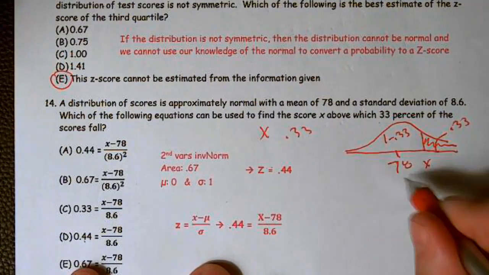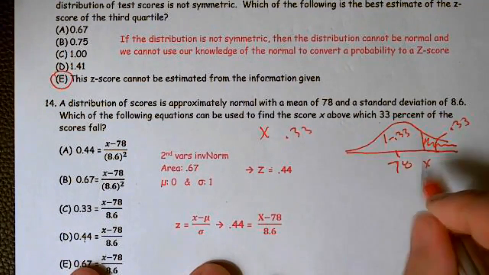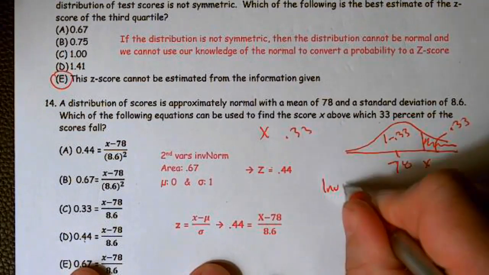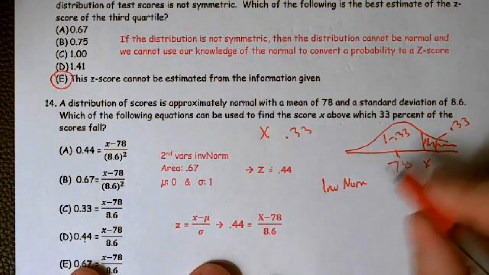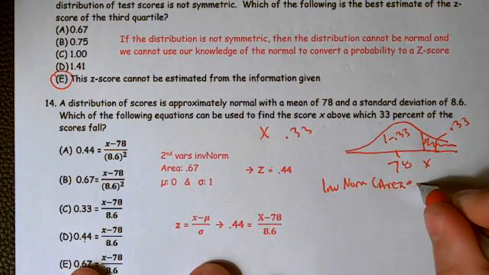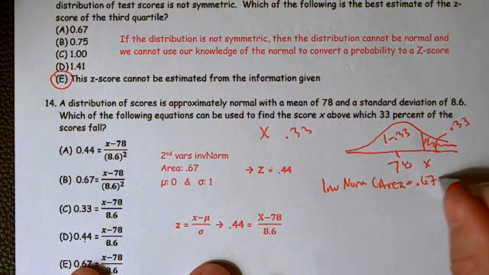All right. Well, I need to do second vars, inverse norm, area equals 0.67, or 1 minus 0.33, mean equal to 0, standard deviation equal to 1.